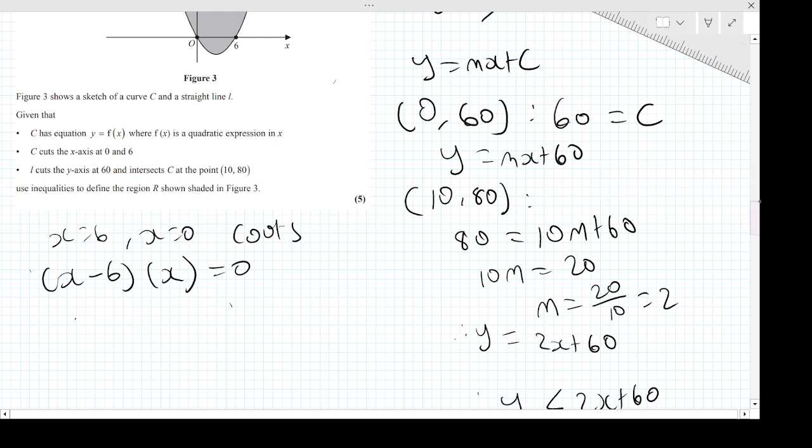However, when we're going backwards, there would be a number in front, which would be the coefficient a. Remember, if we had 2x equal to 0, we can cancel it down to x because we're just dividing both sides by 2.